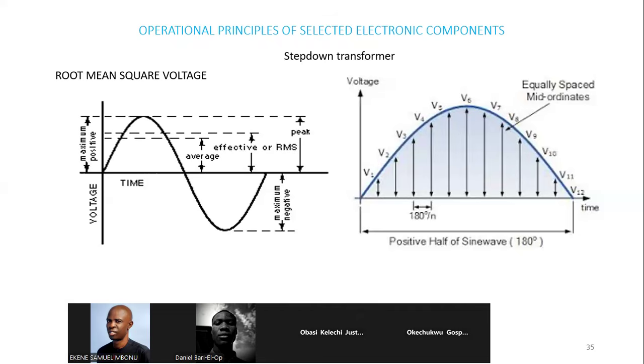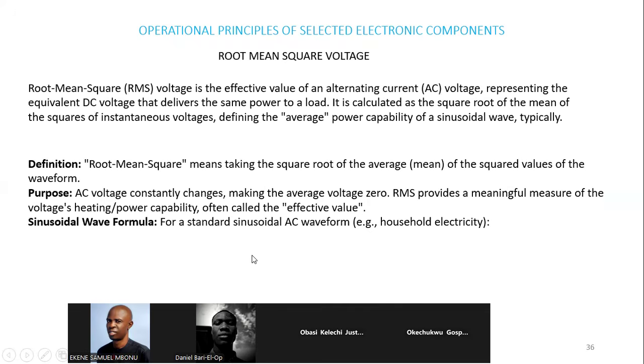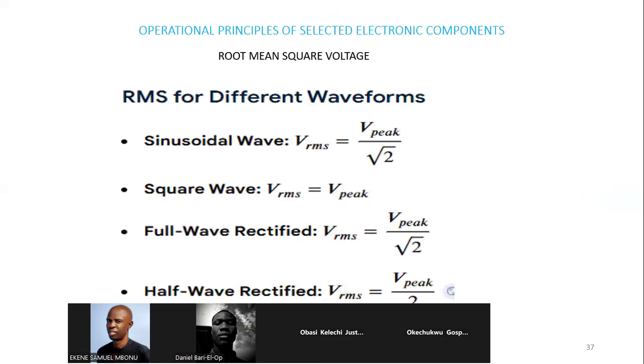Also, we saw that the oscilloscope will give you the root mean square average and also the peak. What is the mathematical relationship? Somebody read this. Okay, V root mean square is equal to V peak divided by root 2.